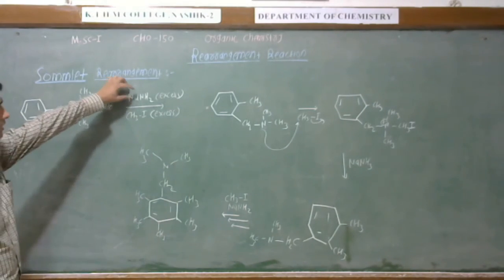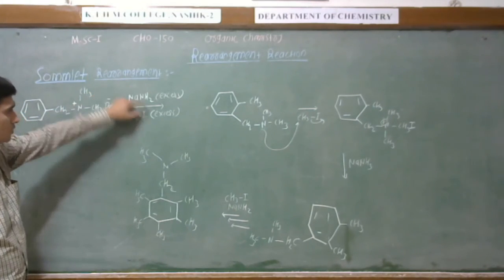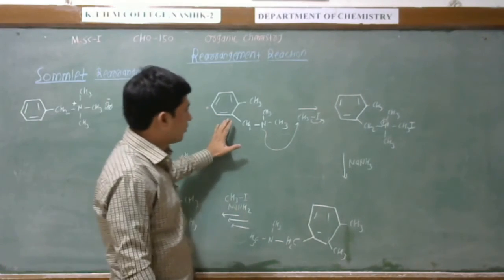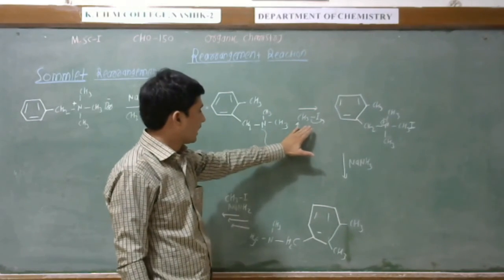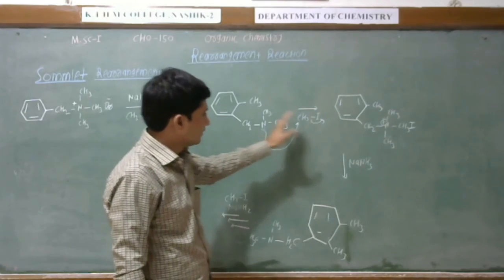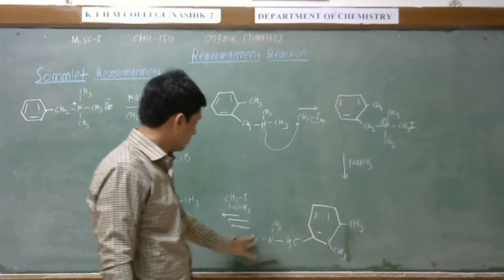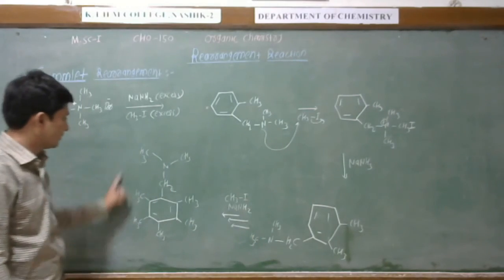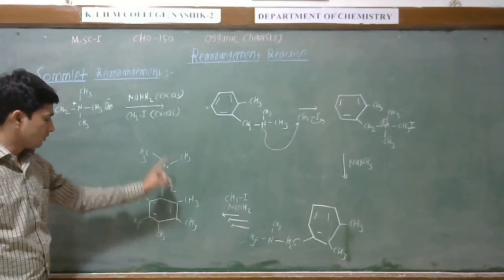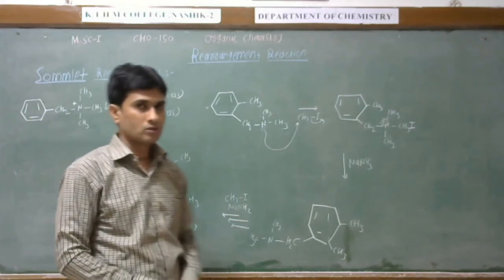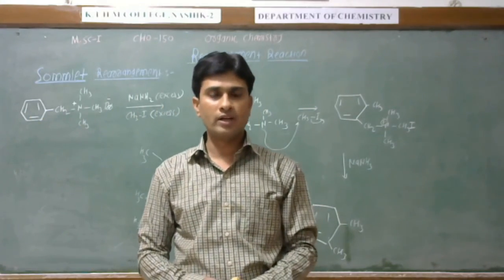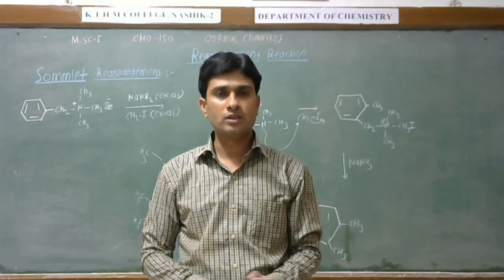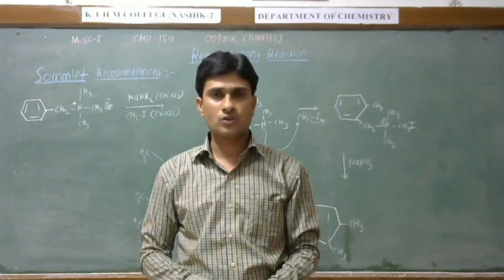So when we use excess NaNH2 and excess CH3I, Sommelet rearrangement is followed by alkylation with methyl iodide, then again Sommelet rearrangement, and again alkylation, and finally we get this multi-substituted product. So friends, this is the Sommelet rearrangement, which converts quaternary ammonium salts into tertiary amines when reacted with a strong base.